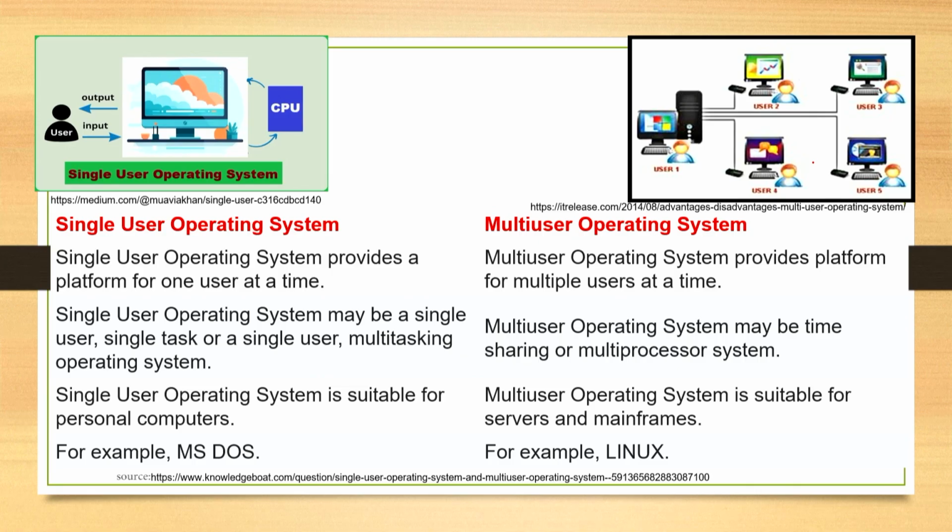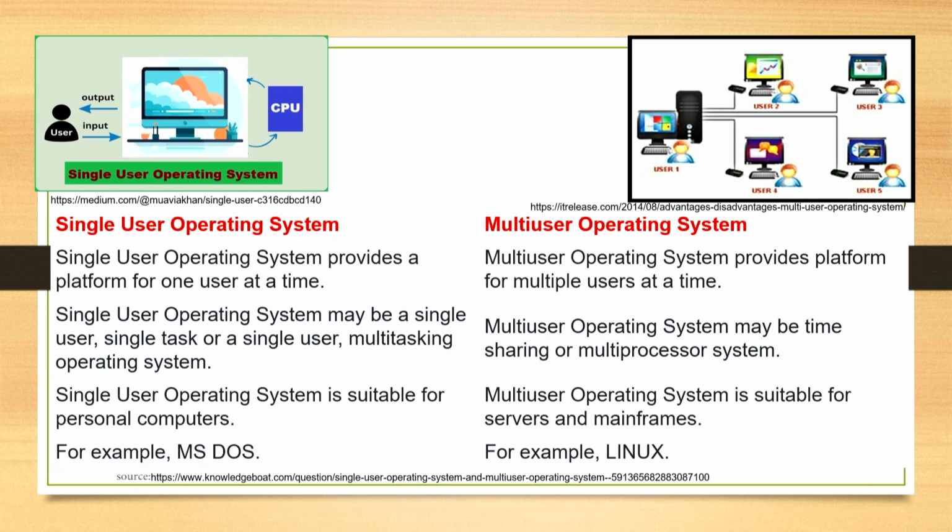Time sharing means a single machine that can be accessed by user 2, 3, 4 and 5. How can this be accessed? Since a single processor is there, if user 2 wants to execute, some slot will be assigned to user 2, then the next slot of CPU will be assigned to user 3, the next slot to 4 and 5.